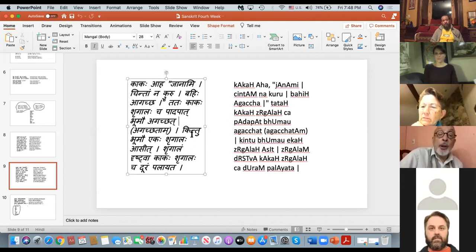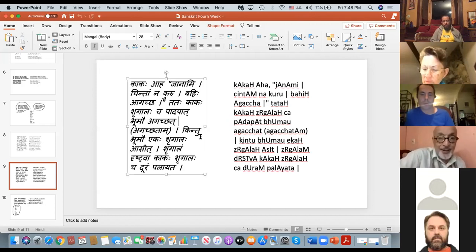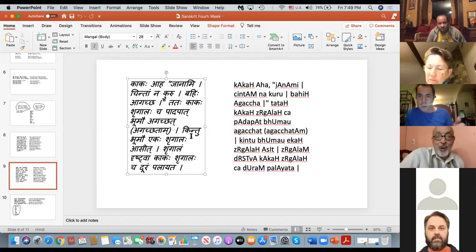Okay, this is a very useful new word. Kintu means but. Kintu bhumau eka srigala asit. Bhumau means ground, eka is one, srigala is jackal, and asit means there was.